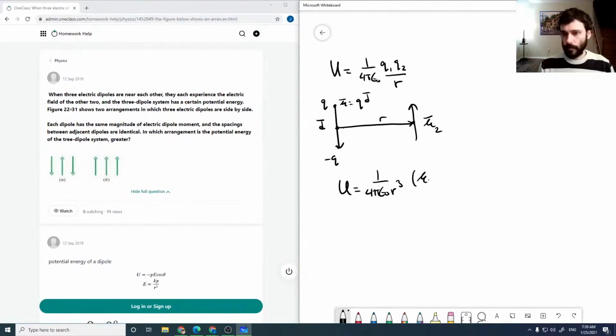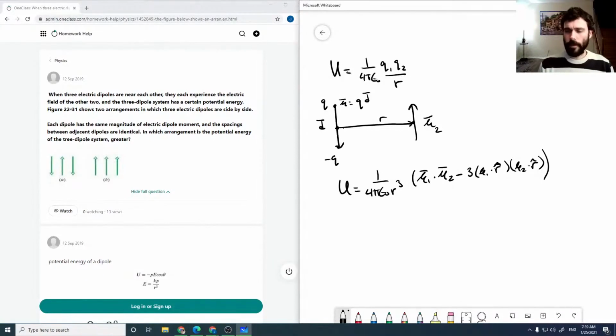And it's just mu1 dot mu2, and then some other factors.